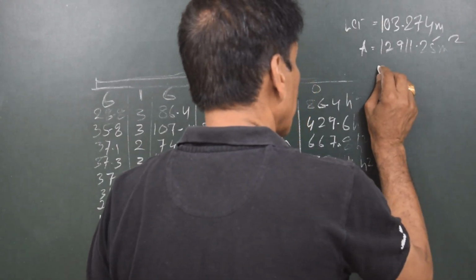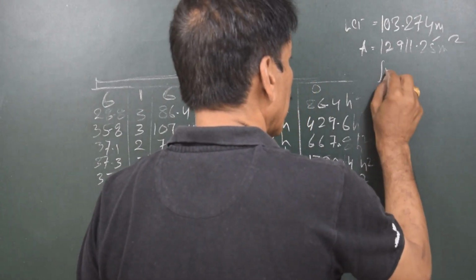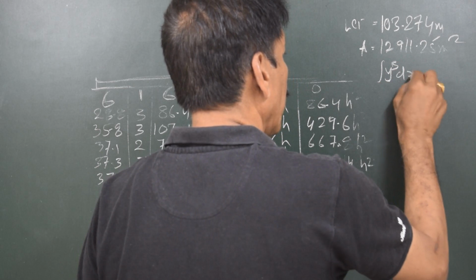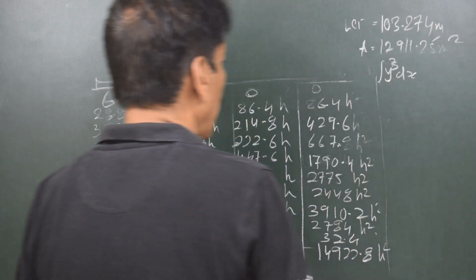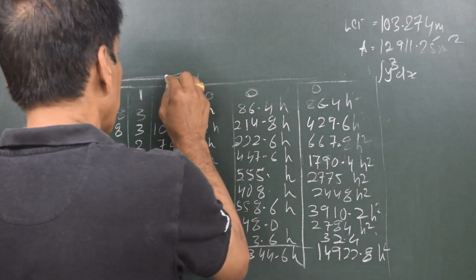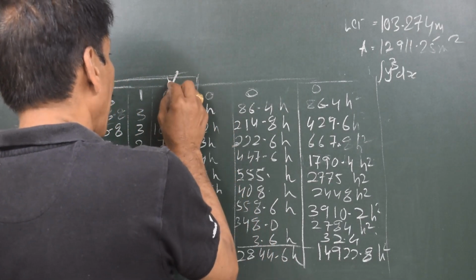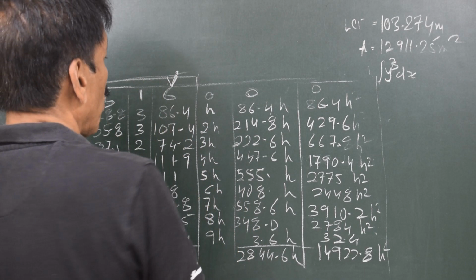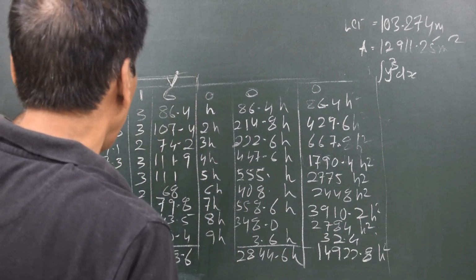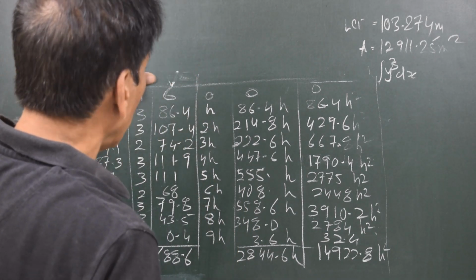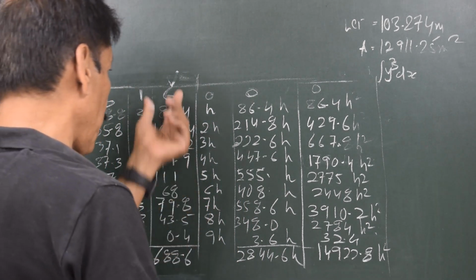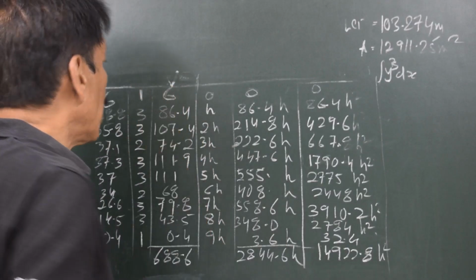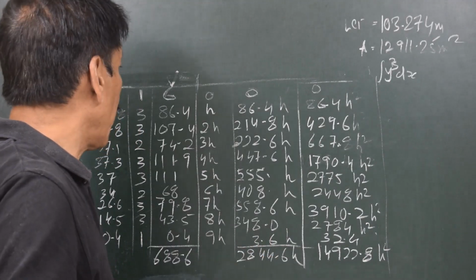The symbol for that is integration y cube dx. We have y dx here. If we multiply y dx with the first column, it becomes y square dx. And if we multiply the third column twice with the first column, it becomes y cube dx, because this is already y dx. So let us find out y cube dx now.